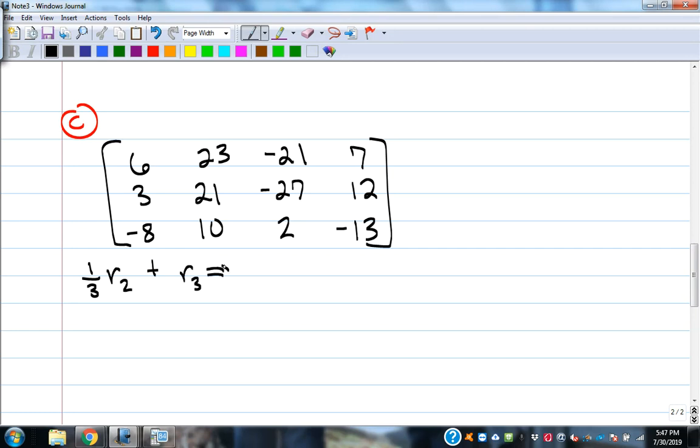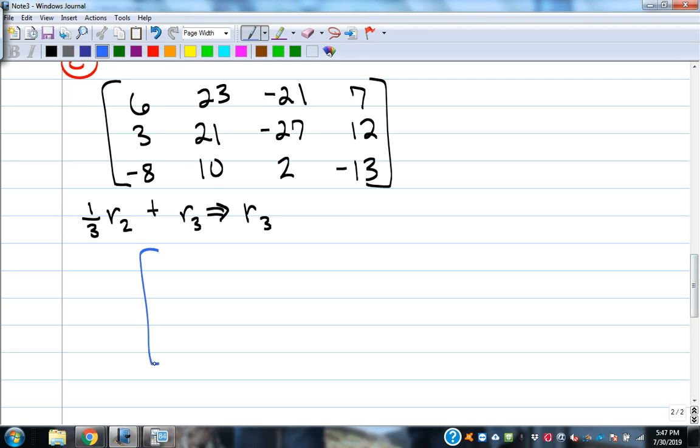And change row 3. 1/3 of row 2 plus row 3, change row 3. Okay.